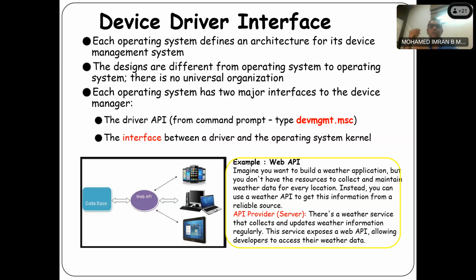So how is web API, or API itself, similar to a device driver? Basically, a device driver is more of a hardware thing. Because you install a device, then you need a device driver. However, a web API is similar to a device driver, but there are no devices, we are talking about more software.